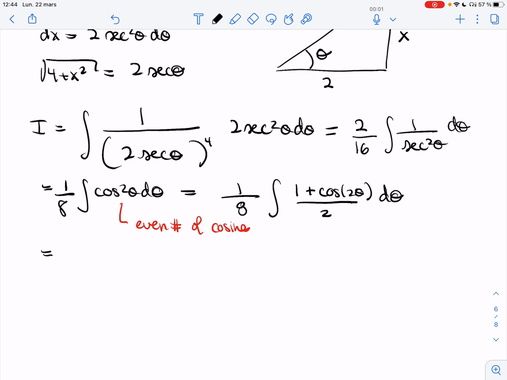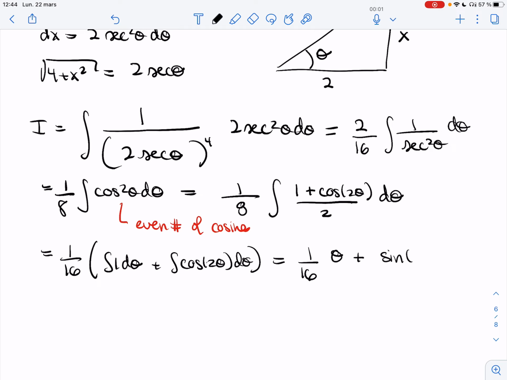And then I have, so 1 over 16, integral of 1 d theta, plus integral of cosine 2 theta d theta. And so I end up with 1 over 16 theta plus sine 2 theta. I have a 16 and divided by 2.